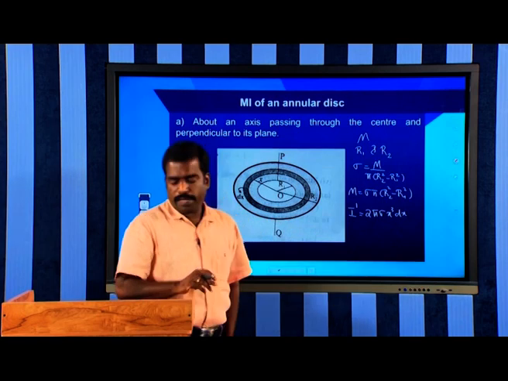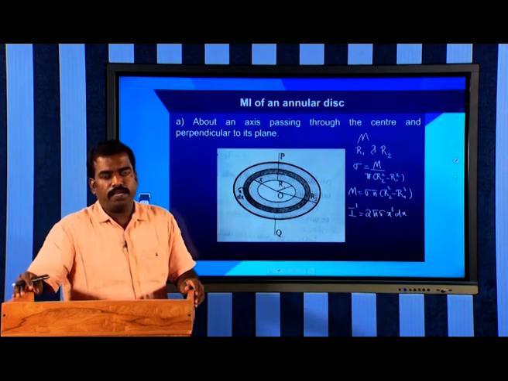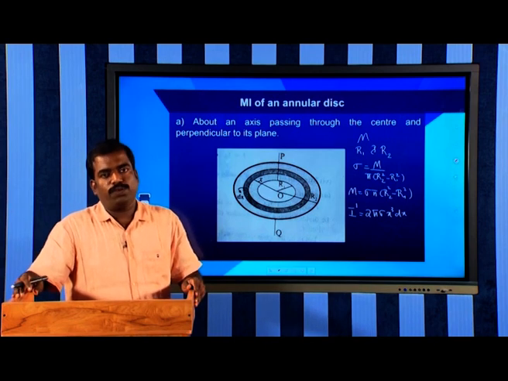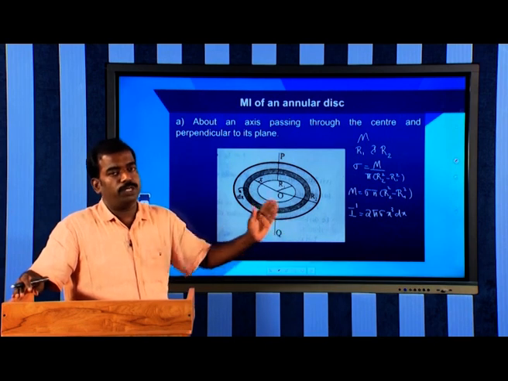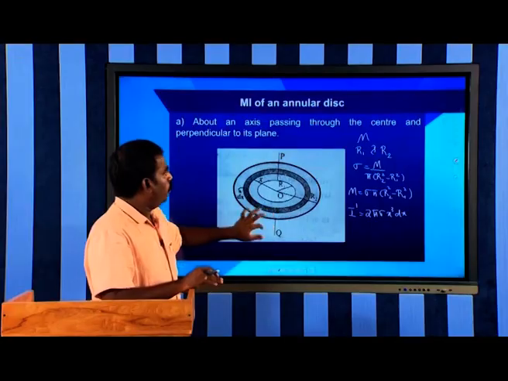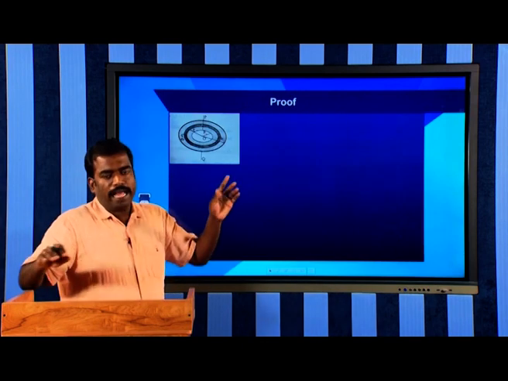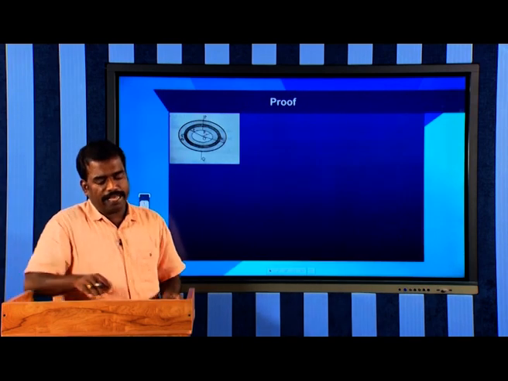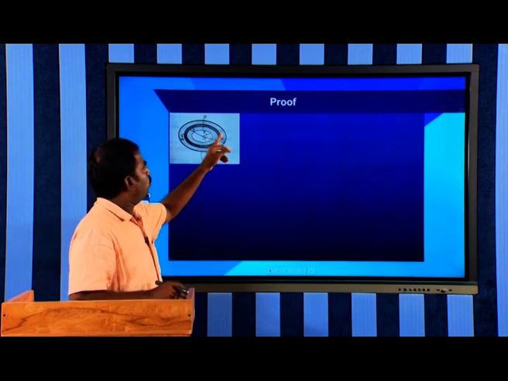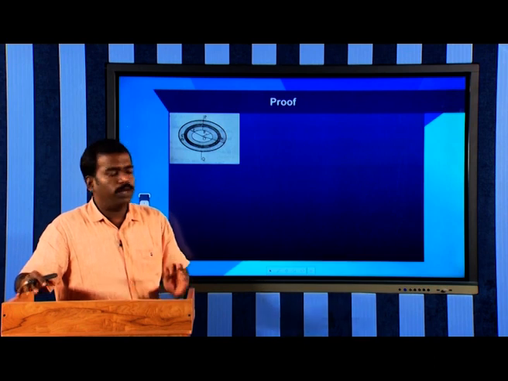The next step is different. In the case of the circular disc, we integrated this expression from 0 to r. Here, if you want the moment of inertia of this annular disc about the axis PQ, you have to integrate the expression from r1 to r2. That is the only difference.